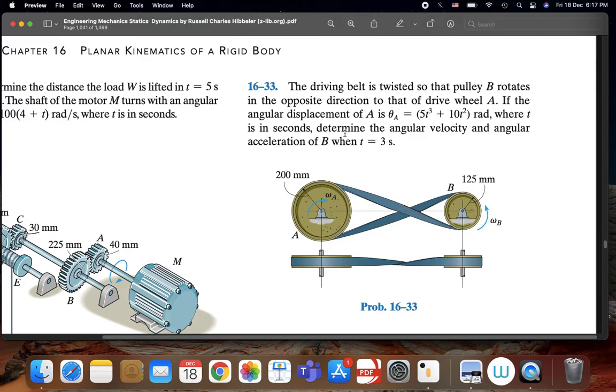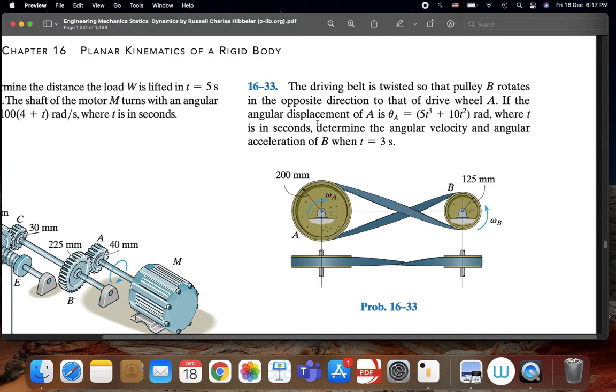The problem says that we have a driving belt. The driving belt is twisted so that pulley B rotates in the opposite direction to that of drive wheel A. So we have a pulley at A connected via a belt to pulley B. Because of this configuration, if pulley A is rotating clockwise, then B will be rotating in the opposite direction, meaning counterclockwise.